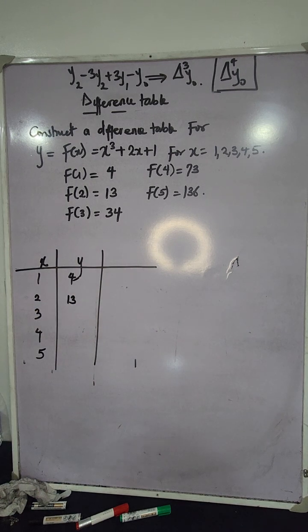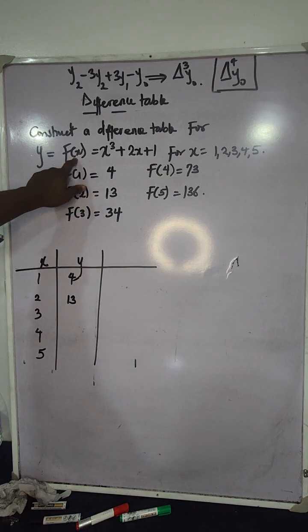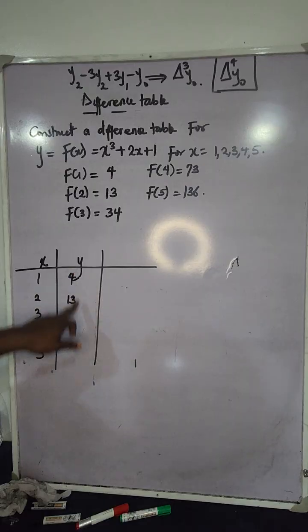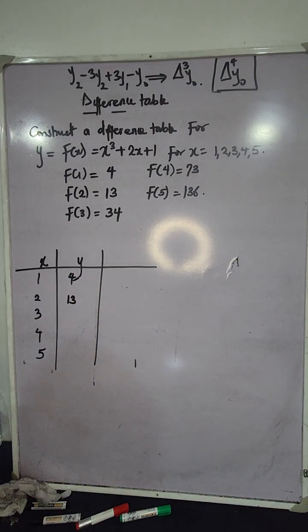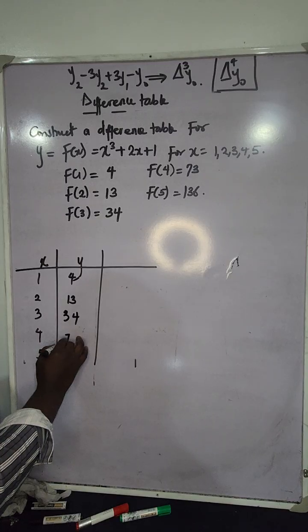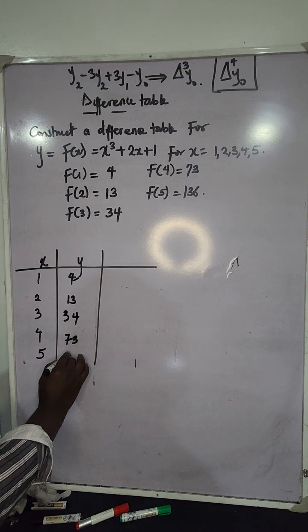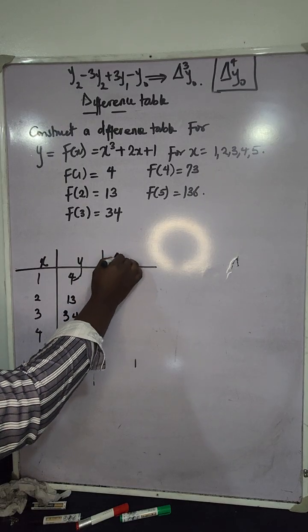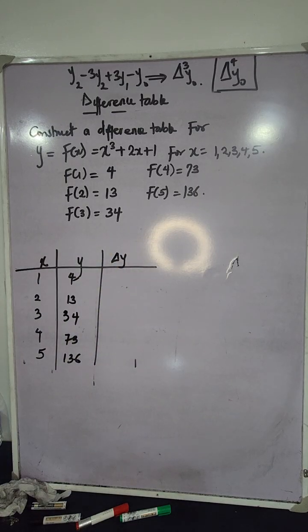Why am I writing 13? Because this is f of x. So whatever value I'm having here, I'm slotting it into this function and I'm producing y's. So 4, 13, 34, 73, and 136.